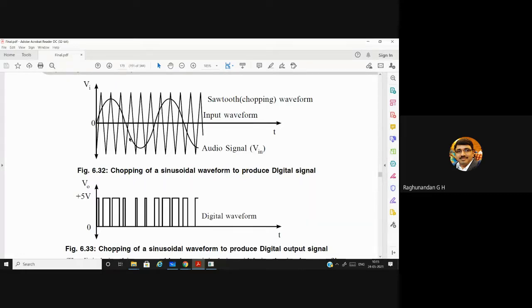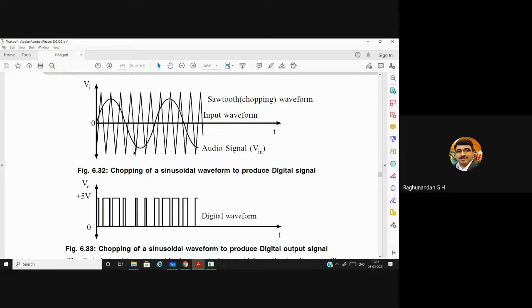In the next case, in this negative half cycle, the sawtooth will be dominating. But at this particular portion, who is dominating, the sinusoidal wave or the chopping waveform?